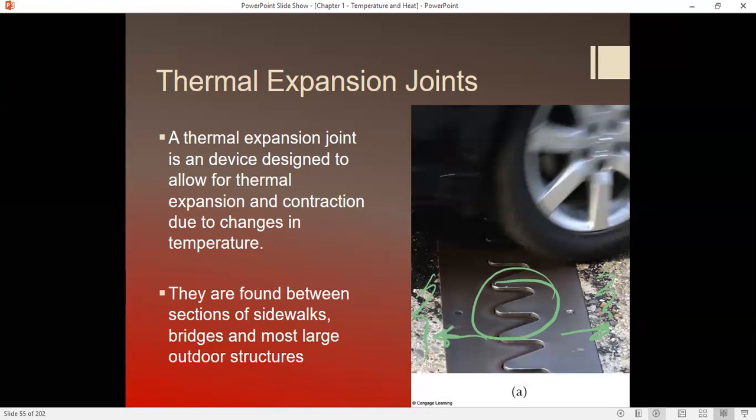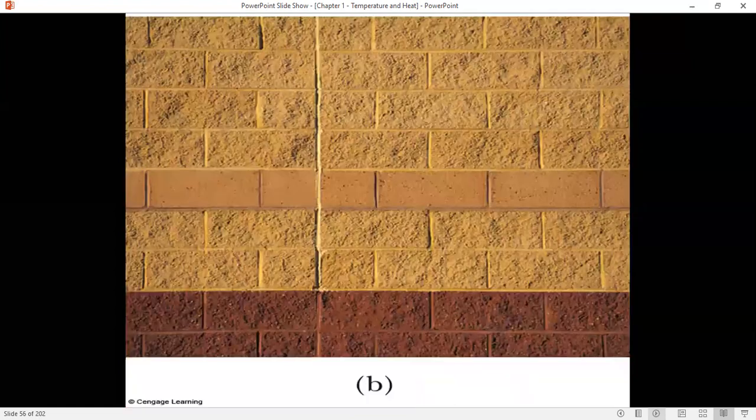The alligator hinge will actually open up. And when it's very warm out, the concrete will expand and push this joint together. So these expansion joints are very, very critical for many structures because they allow the structure to expand when it's hot and contract when it's cold.